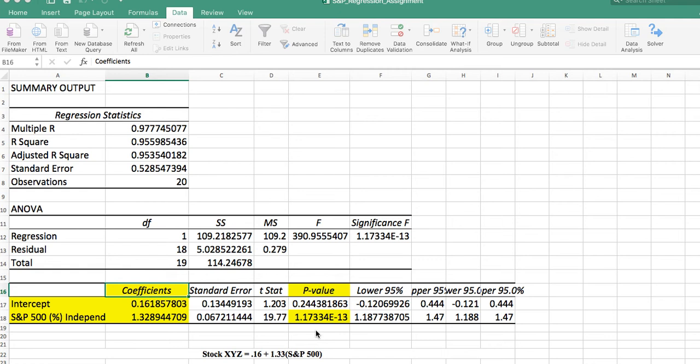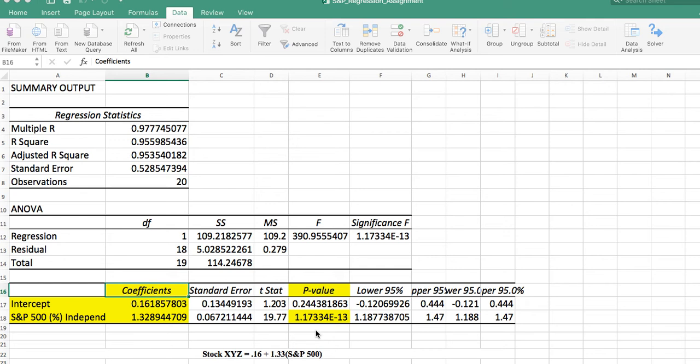My level of significance would be 1% or 5%, depending upon the situation. And of course, I would reject the null hypothesis if the p-value happens to be less than my level of significance at 1% or 5%.